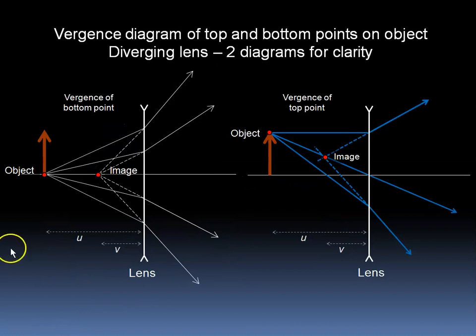This is a divergence diagram showing different points on an object in the case of a diverging lens. Bottom point on the object here has a corresponding image point here, a virtual image. The top point on the object has a corresponding image point here.